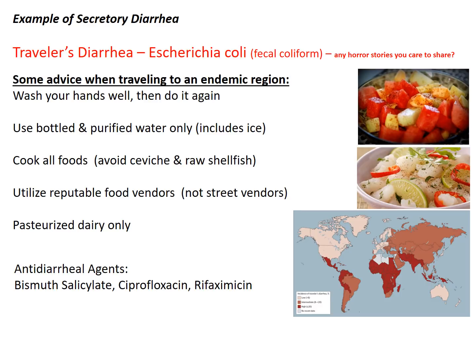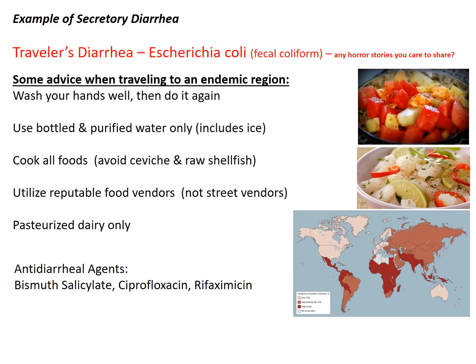Cook all your foods. Avoid raw shellfish and ceviche, which is kind of like the Mexican form of sushi, if you will. Use reputable food vendors. Try not to eat from the street vendors. And only use dairy products which are known to have been pasteurized.